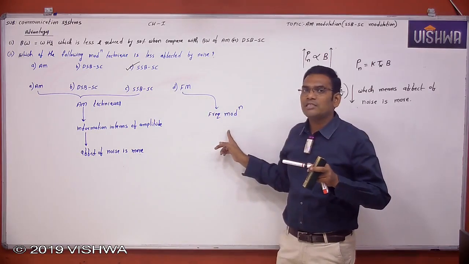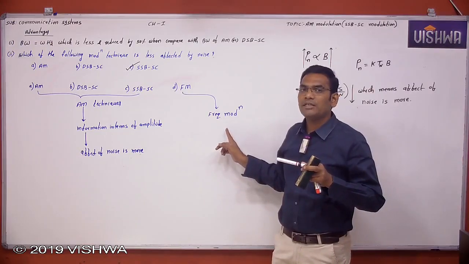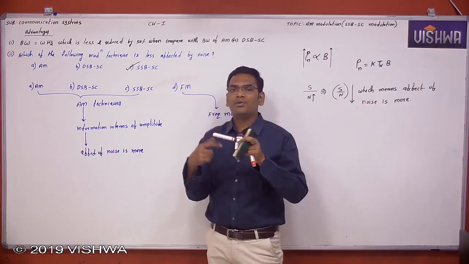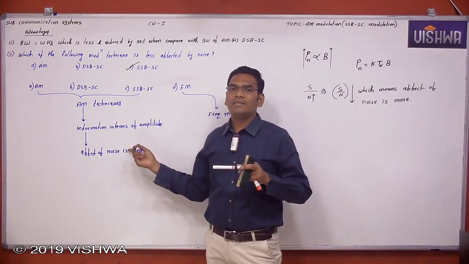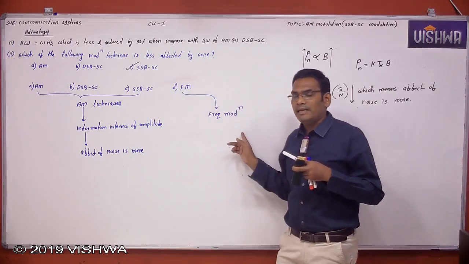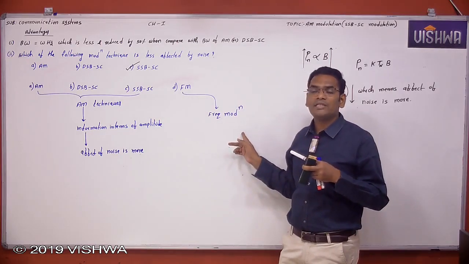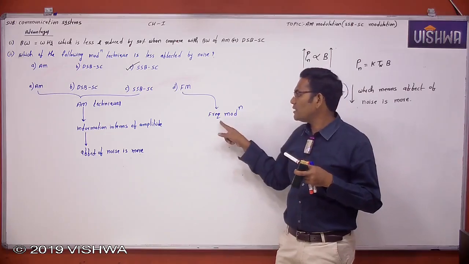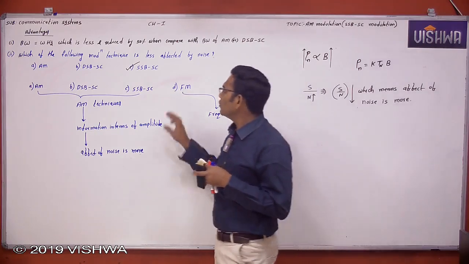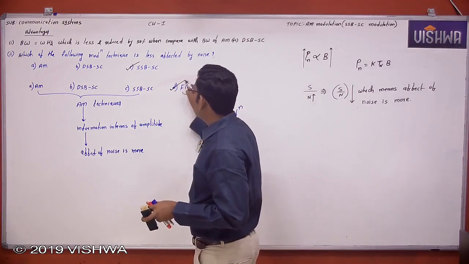Here amplitude is affected, information is not affected, because information is available in terms of frequency. So FM is least affected by noise.